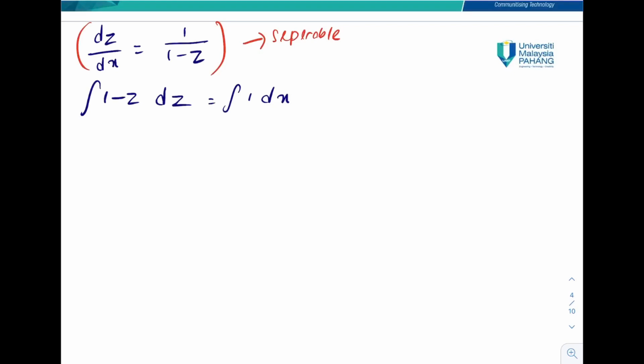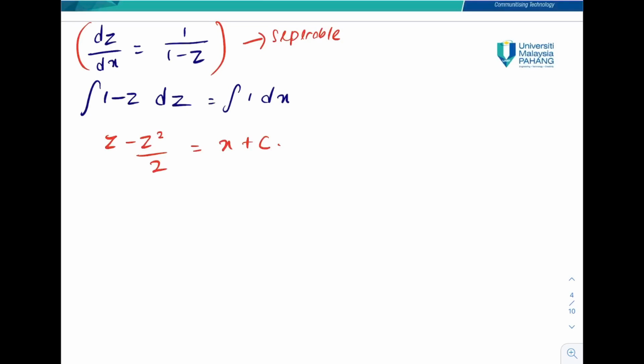So this one, z minus z squared per 2 equals to x plus c. So this is the general solution in terms of z and x. But remember that we have to replace back because the question is in y and x, isn't it?